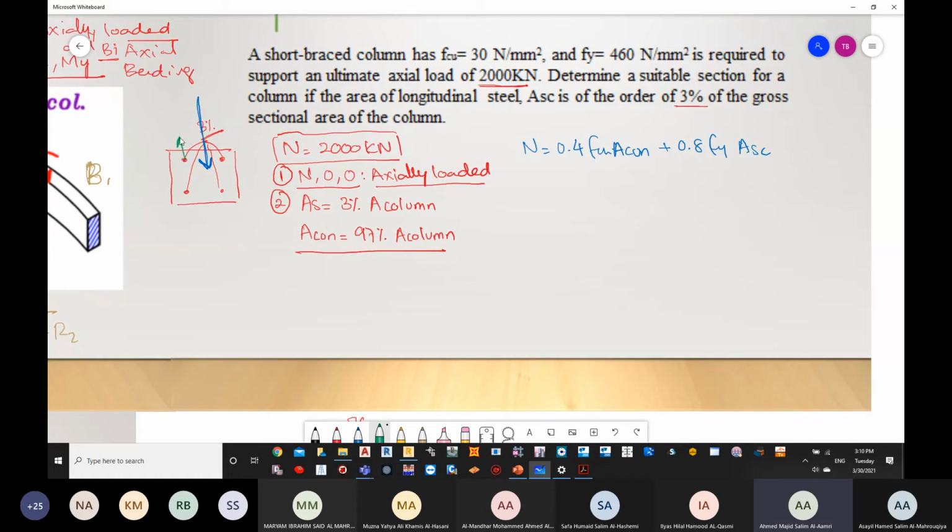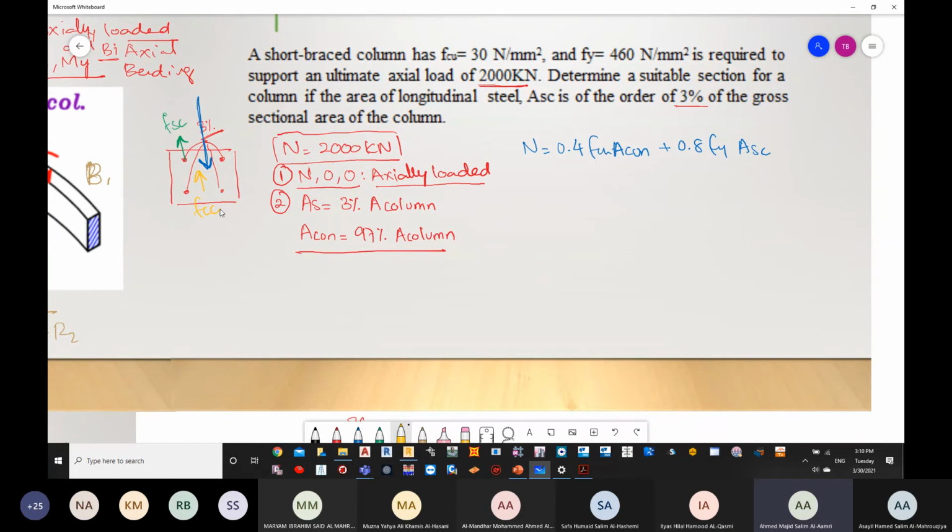The force which can be developed by the steel, we call it Fsc. The force which can be developed by the concrete is called Fcc. Concrete in compression, steel in compression, because the column is a compression element.